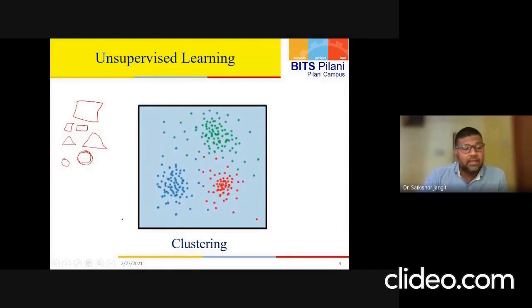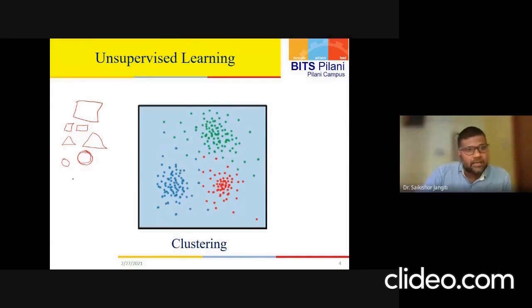And while a kid is dividing these objects into groups, none of us will be training them, right? We are not going to train that kid, but we'll just observe how he is making the groups, and observe the outcome of the process.